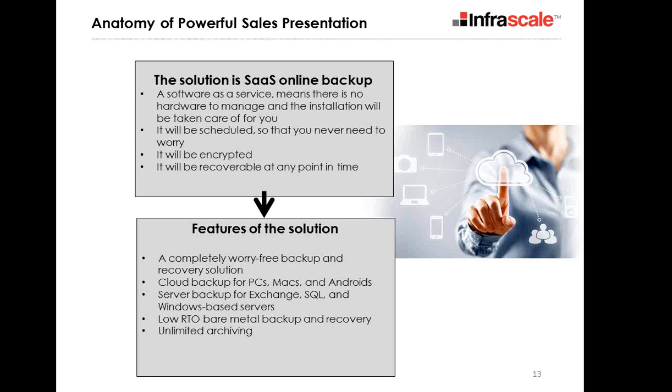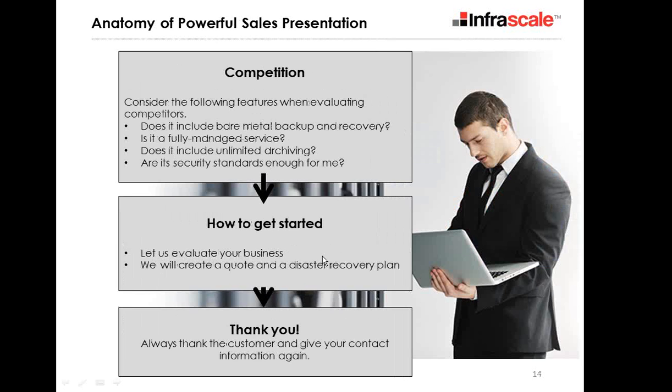We'll talk more about that. Low RTO, bare metal backup and recovery. That's a great feature to extend to your customer. And again, RTO being recovery time objective, also RPO being recovery point objective, are really key pieces to a quick and reliable recovery solution.